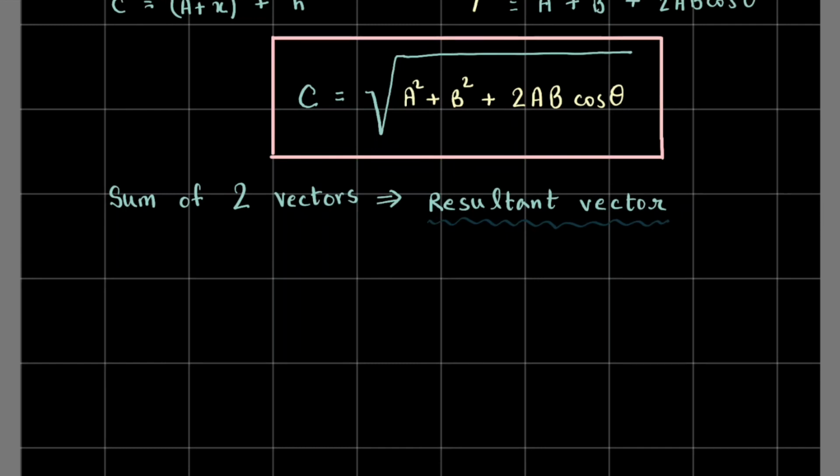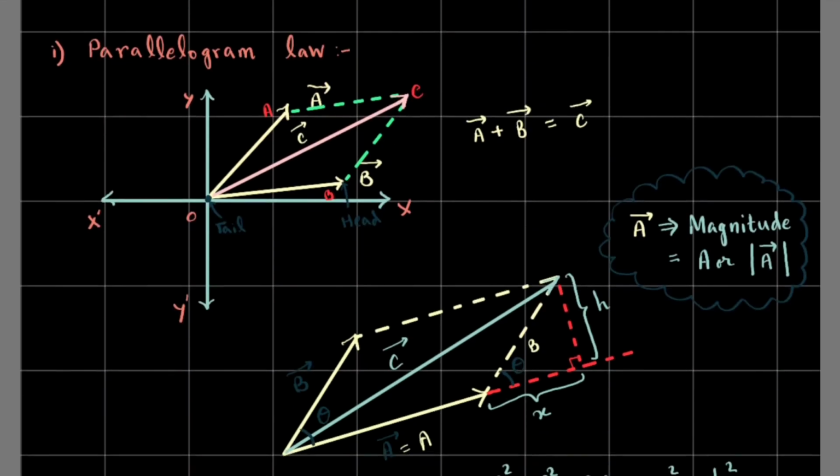Okay, now let's speak a little bit about vector subtraction as well. It's very easy. Vector subtraction, once you get the hang of vector addition, you don't need to do much about vector subtraction. Okay, vector subtraction.